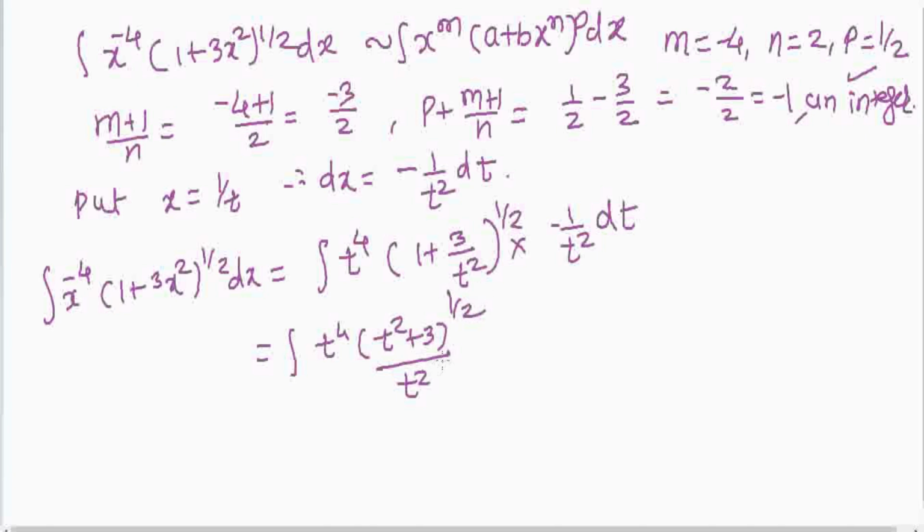So this 1 by 2 gives us t in the denominator, into minus 1 divided by t square into dt. You can see that the t powers cancel, and we have minus integration of t into (t square plus 3) whole raised to 1 by 2 into dt.